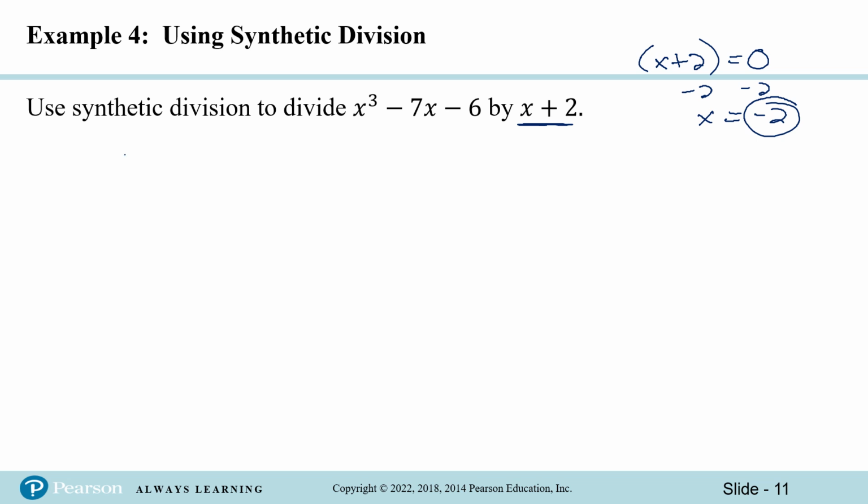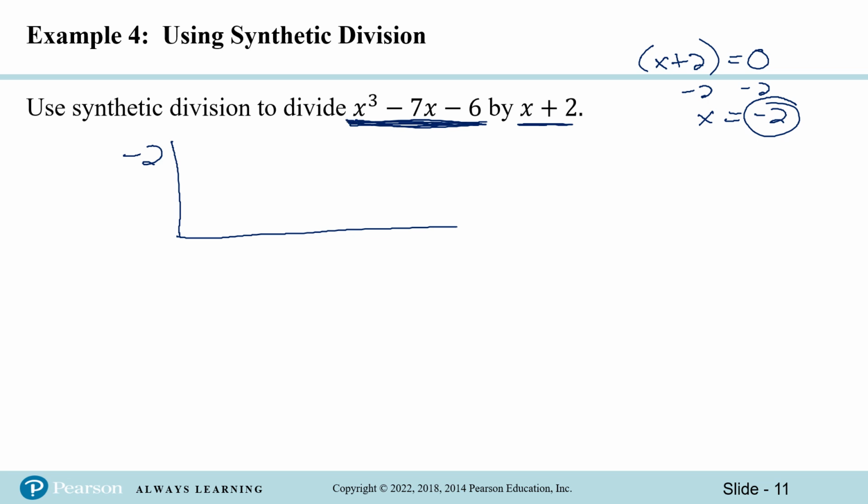So I'm going to take a negative 2 and put it just to the left and above, kind of like this giant half rectangle. Then I'm going to write the coefficients, and the coefficients only, keeping in mind that it has to be of the form.